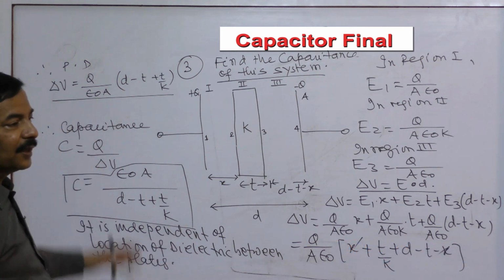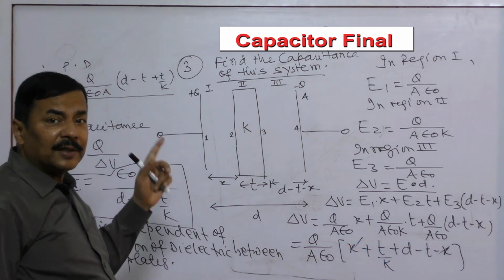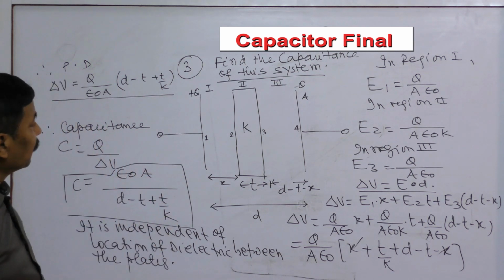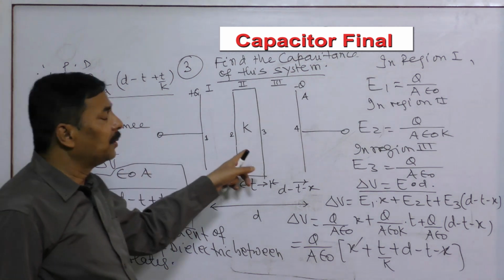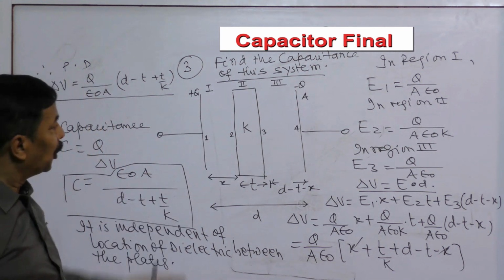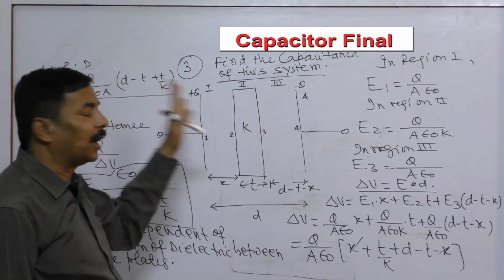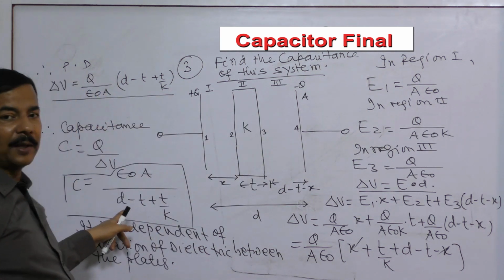This is the expression that we have got. Now the next thing to understand: it is not essential that you will always get one dielectric. Position does not matter, whether this dielectric is here or here or here, wherever it is, no matter. The expression will remain the same for the capacitance.